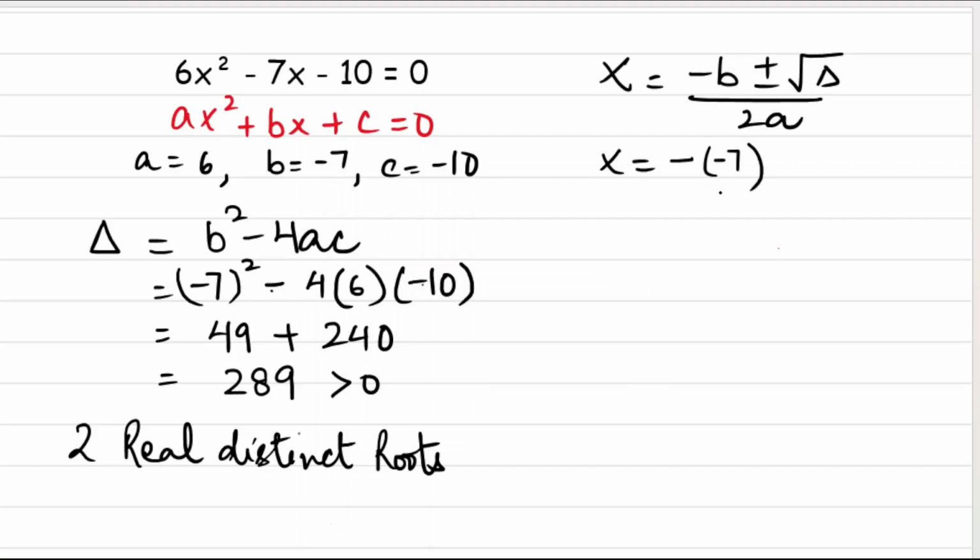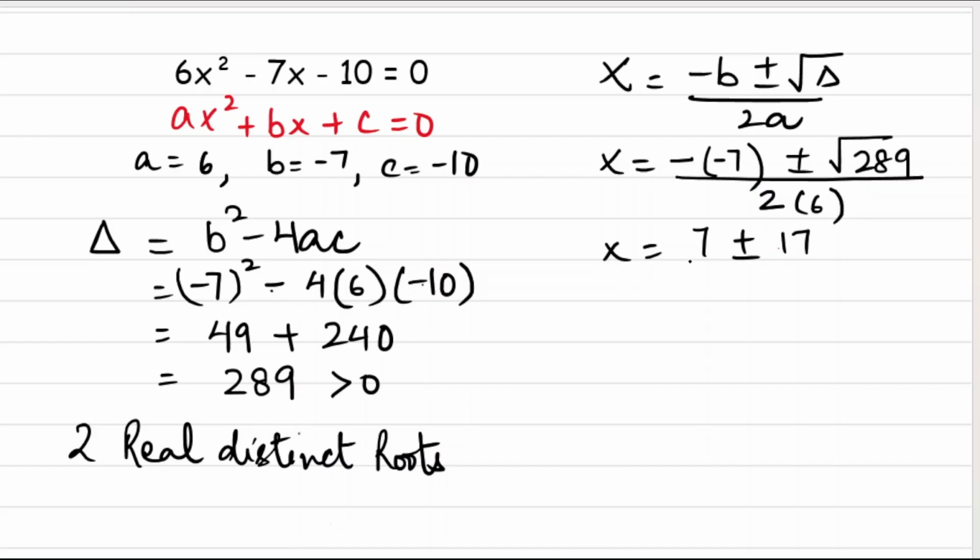First minus is this, and this b was minus 7. So there are two minuses, 7 plus minus square root of 289 divided by 2 times, what was the value of a? It was 6. So x equals minus minus plus, so 7 plus minus, what is the square root of 289? It's 17, divided by 2 times 6, which is 12.